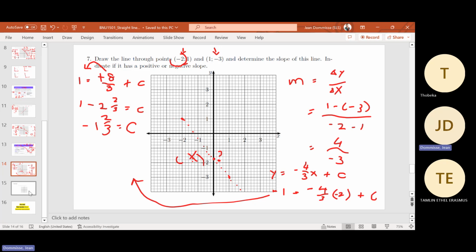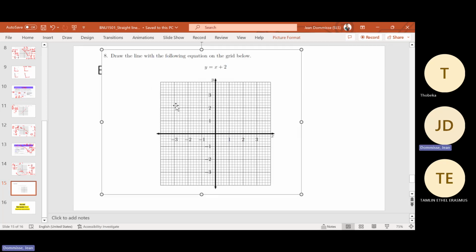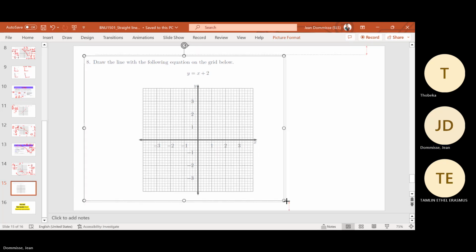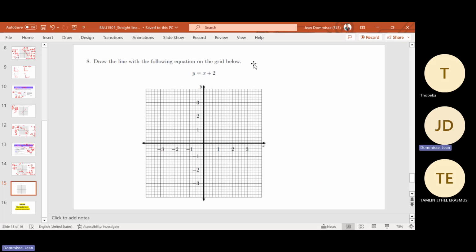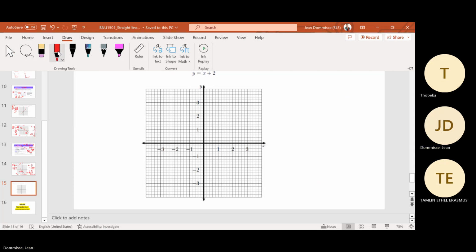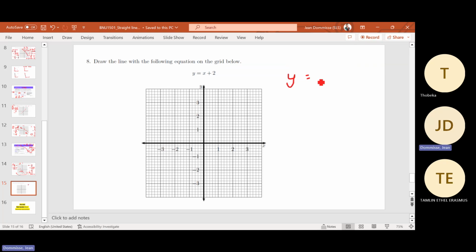Okay, then the last example of this is that they've given you a line. Okay, so they tell us you have a straight line of y is equal to x plus 2.